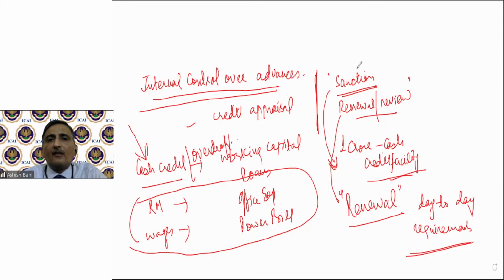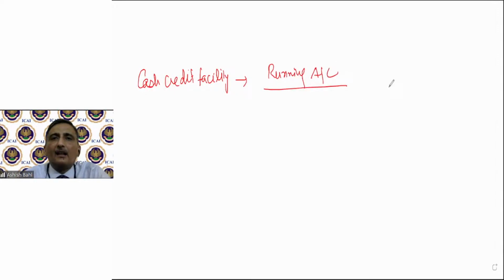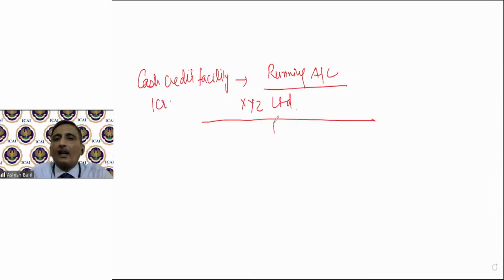And you also have to understand, students, that a cash credit facility is a running account. It is not that when the bank grants a cash credit facility, it has given a loan. Say if there is a company XYZ Limited and the bank has granted a cash credit facility of 1 crore, it is not that the bank would immediately disburse the amount.